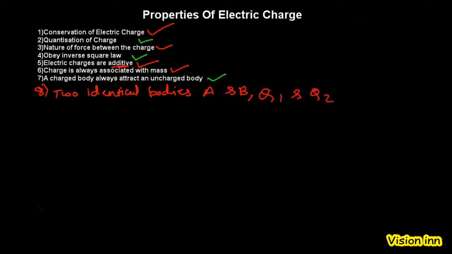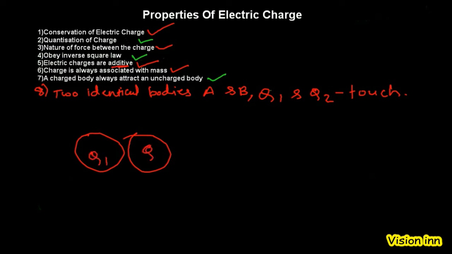When they touch each other, what will happen? Suppose there are two bodies having charges Q1 and Q2. If they are made to touch each other and then they are separated, what will happen?